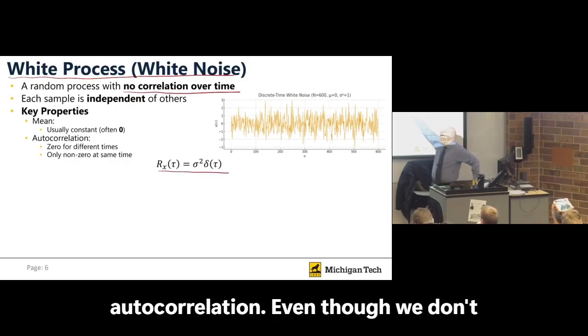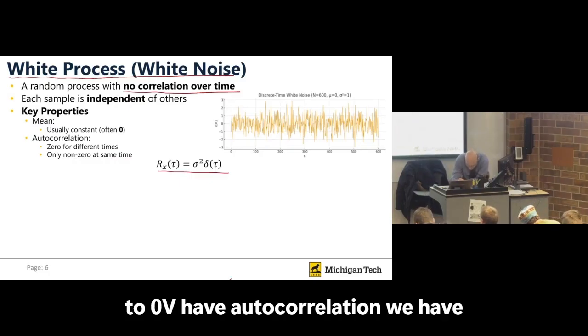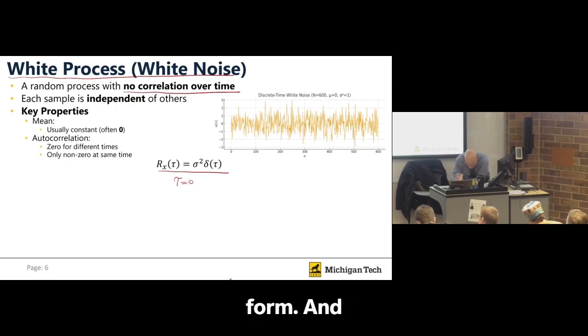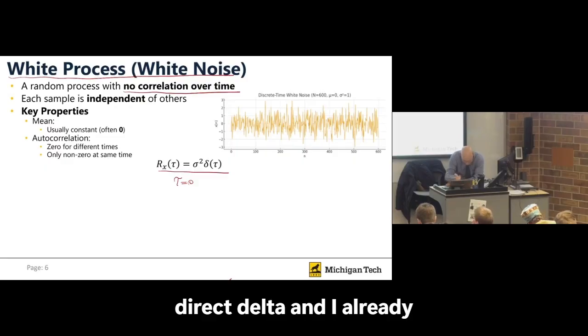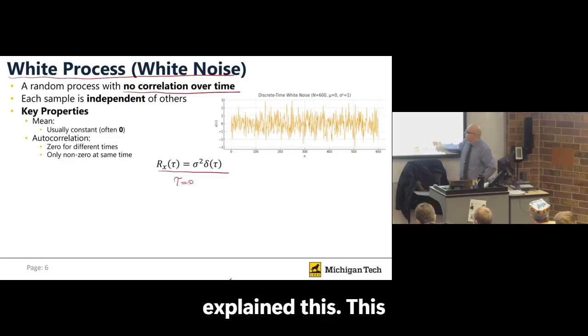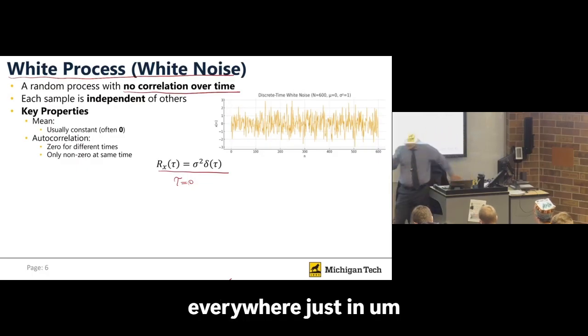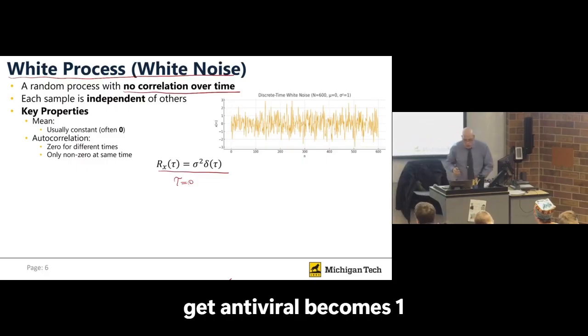At tau equal to 0, we have autocorrelation, a value in continuous form, and this value is sigma squared times a Dirac delta. I already explained this. The Dirac delta is 0 everywhere except at tau equal to 0, where its integral becomes 1.